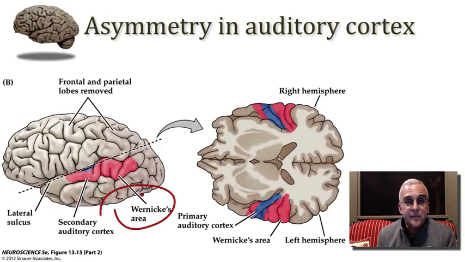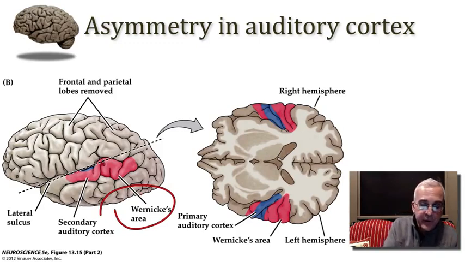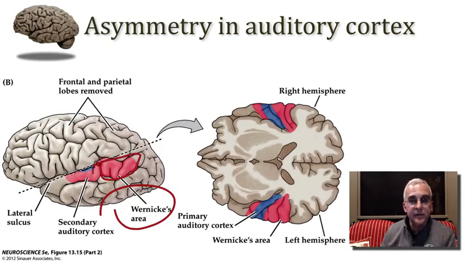This region is named after the German physician Wernicke, or perhaps you prefer the pronunciation Wernicke, who described a series of patients that had damage to this part of the brain. And one consequence of that damage is an inability to understand human speech. So Wernicke's area is often depicted as being present in the posterior aspect of the superior temporal gyrus.